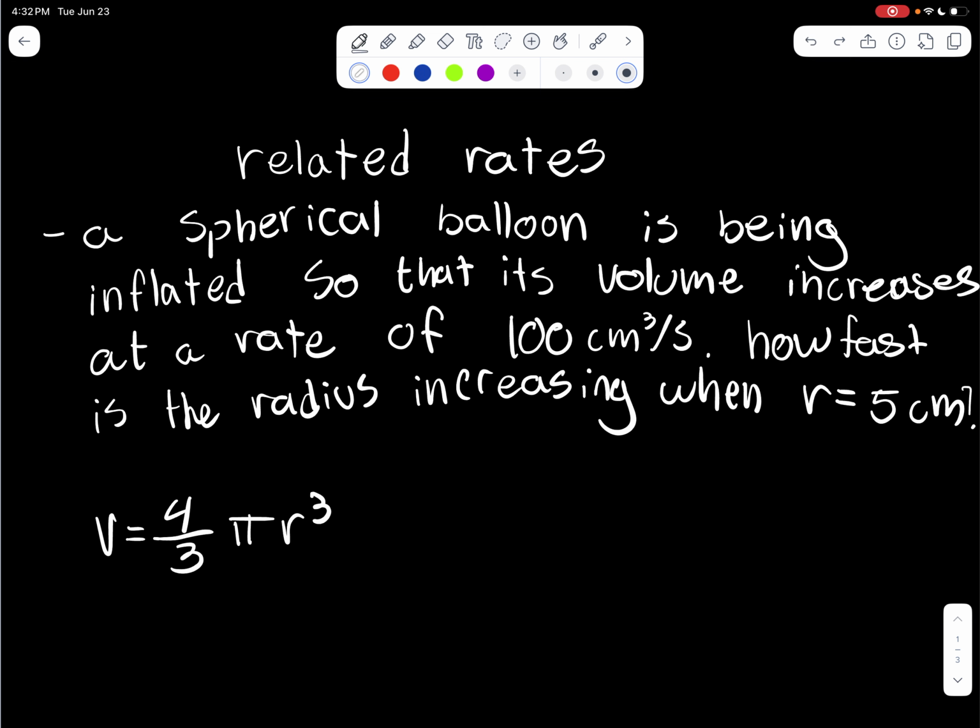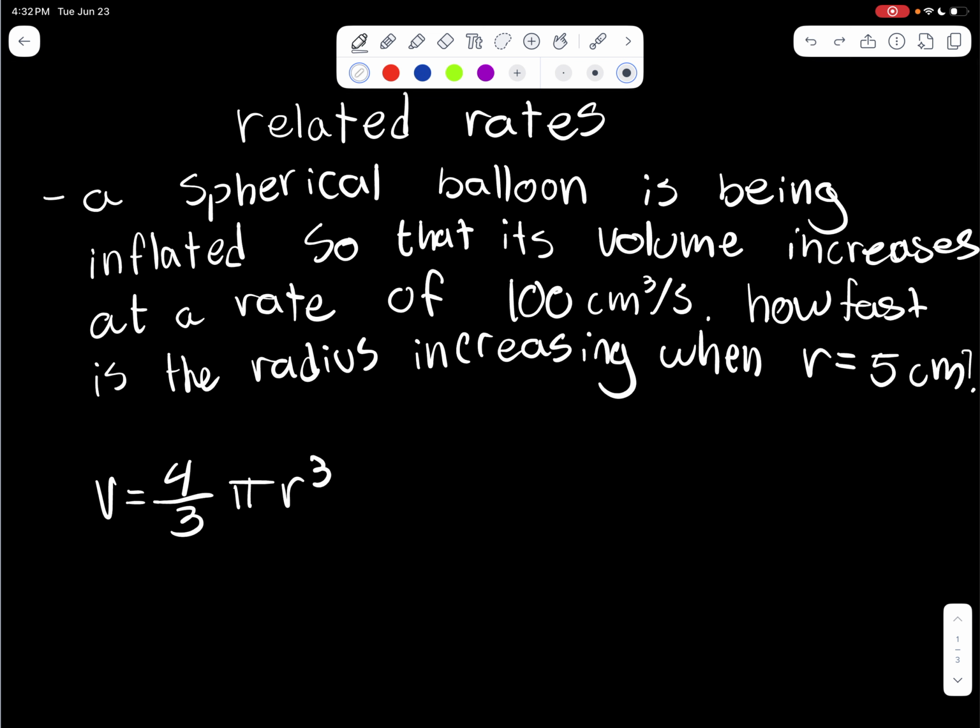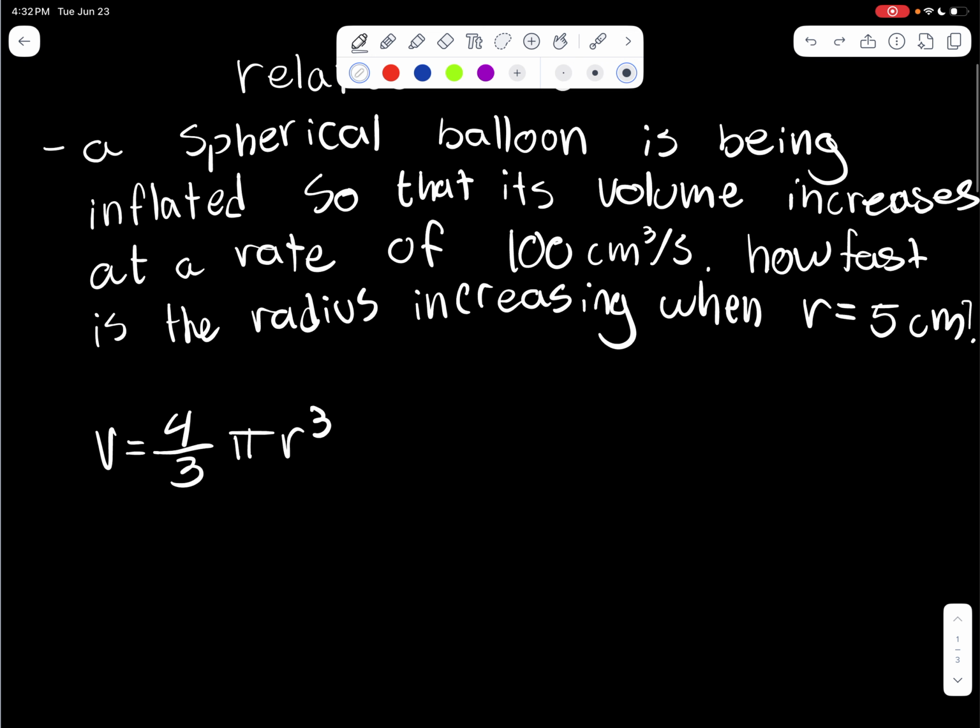So let's start. We have our equation right over here, and let's start differentiating it using implicit differentiation. So what's the derivative of V? Well, it would just be 1, so dV by dt. Because that's implicit differentiation.